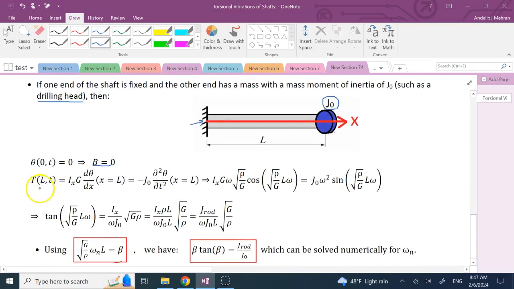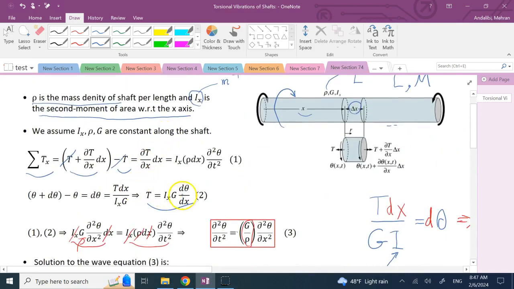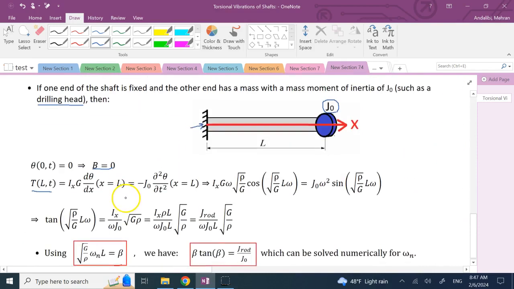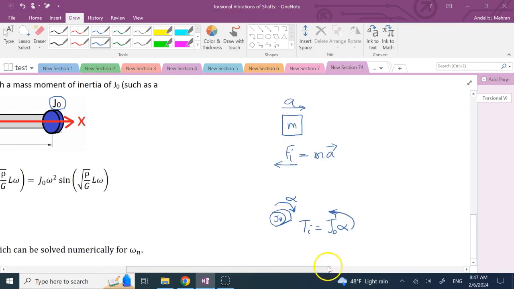Then at L, T is not going to be 0 this time. T, which based on equation 2 was equal to I_x G d theta over dx at L, is equal to the inertial torque due to the load J naught. And remember, if we had a mass with acceleration a, the inertial force of it is m times a in the opposite direction of a.